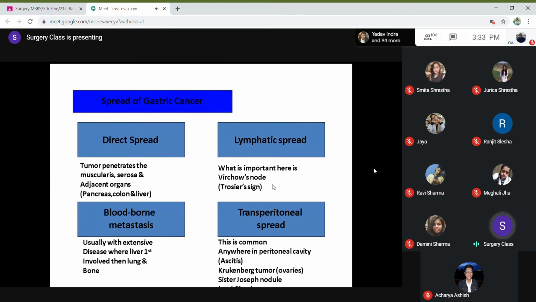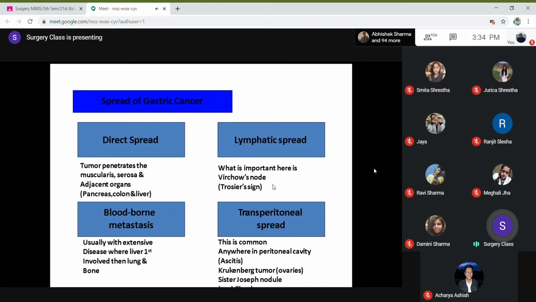How will it lead? Because the thoracic duct will drain into the junction of the left subclavian and the left internal jugular vein. So from the celiac nodes it will go into the thoracic duct, into the junction of the jugular vein and the subclavian vein.